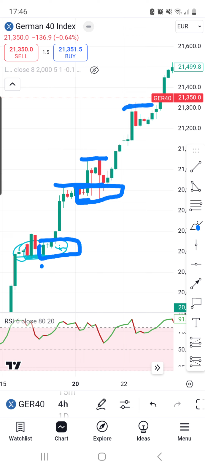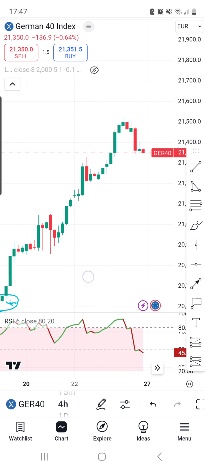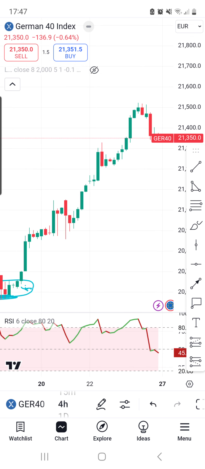So again, from this higher high, the candle that we are now interested in, our bearish candle, would be this one right here. Price came, retested that area with this green candle here, and off it went up to create a higher high.